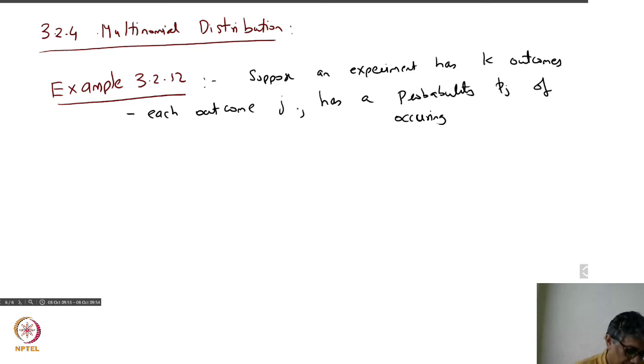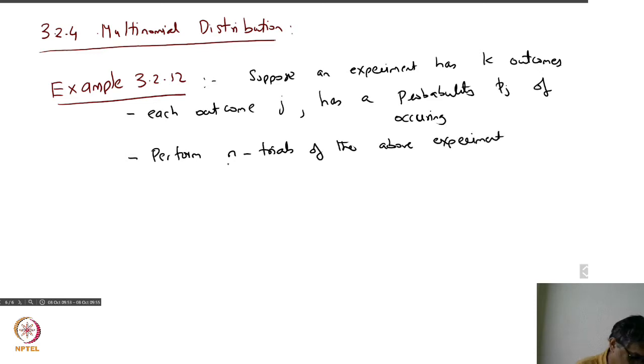So now I want to understand how this experiment behaves. This is again a place where random variables become very useful. Let's say we perform n trials of the above experiment, n independent trials.